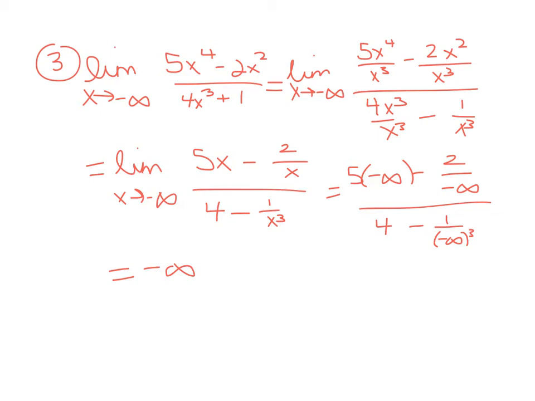I end up getting minus 2 over negative infinity. Again, remember, we're dividing by a really big negative number, which is just going to be 0. 4 is going to stay as 4. Again, 1 over negative infinity to the third is 1 over a really big number, and that ends up approaching 0 also.